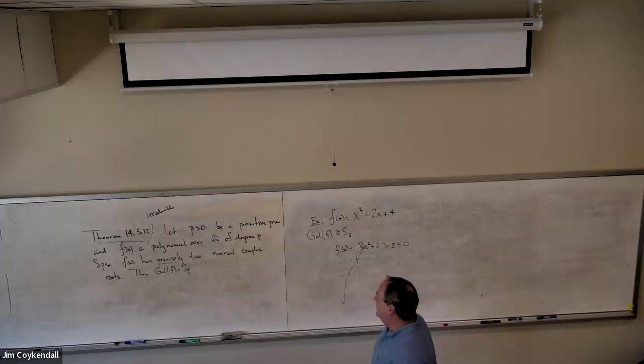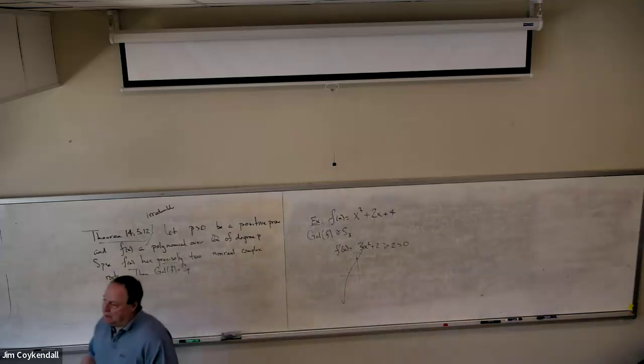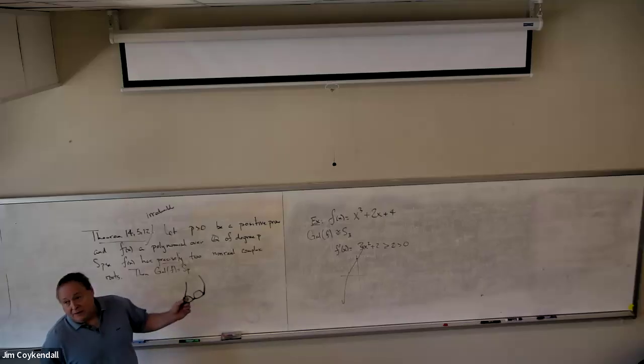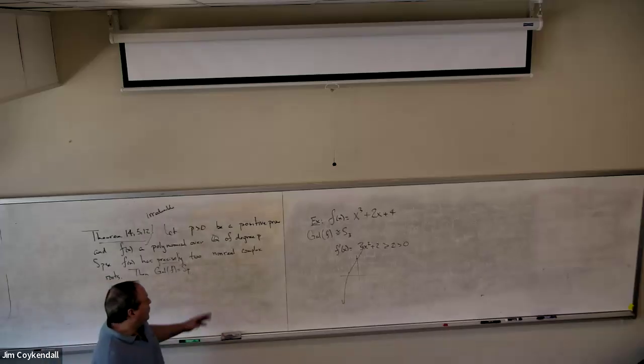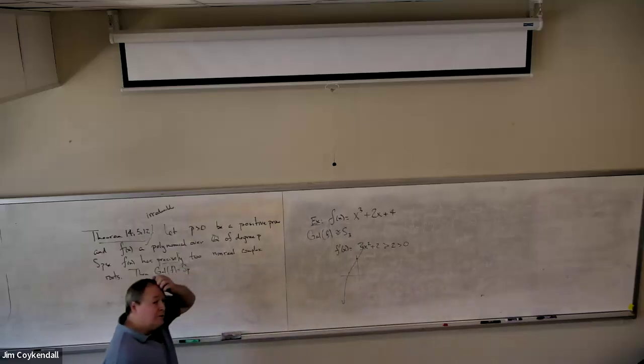So in particular, if your Galois group for a cubic is of order 3, if it's A3, what this theorem says is you have to have 3 real roots, right?